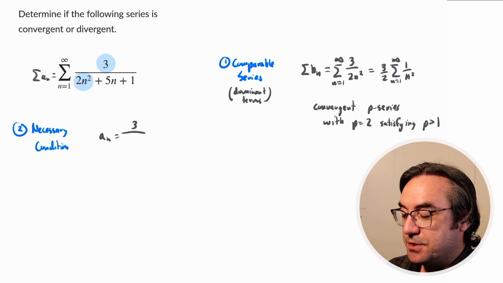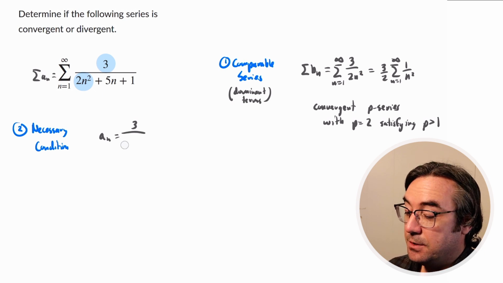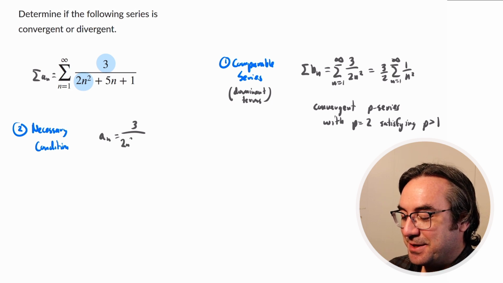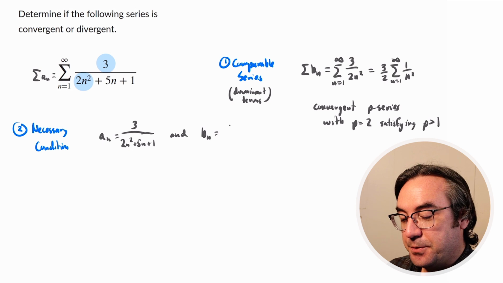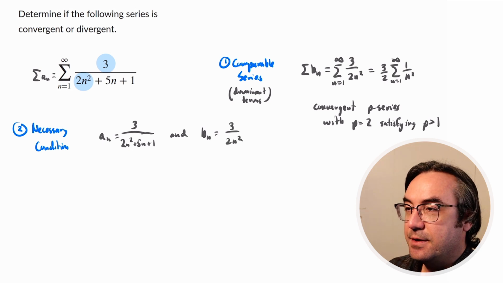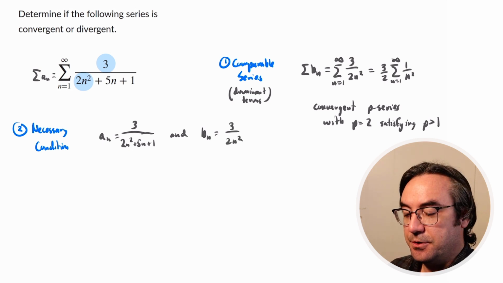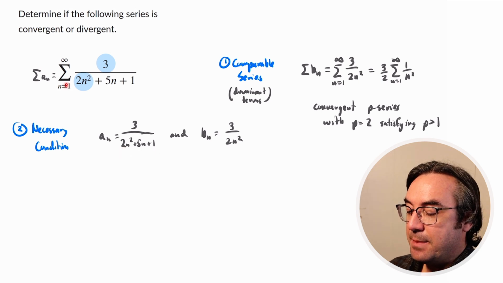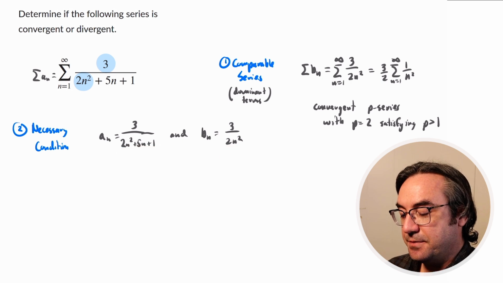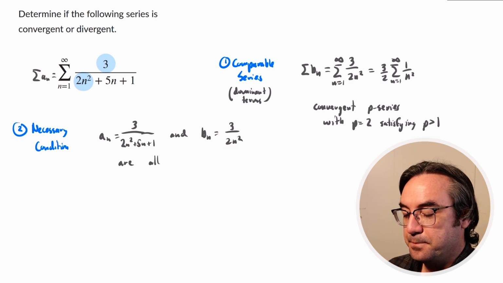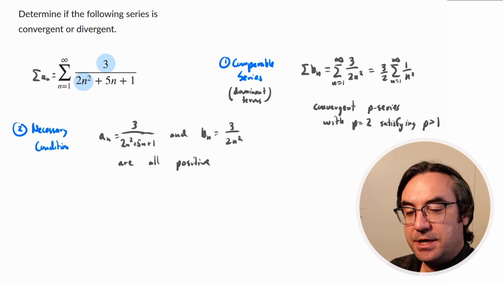So an, which is 3 over 2n squared plus 5n plus 1, and bn, which is 3 over 2n squared. Everything here is positive. Remember, n is going from 1 to infinity, so there are no negative n values. So this is all positive, this is all positive. So we're good. All right, so we've done our necessary condition.